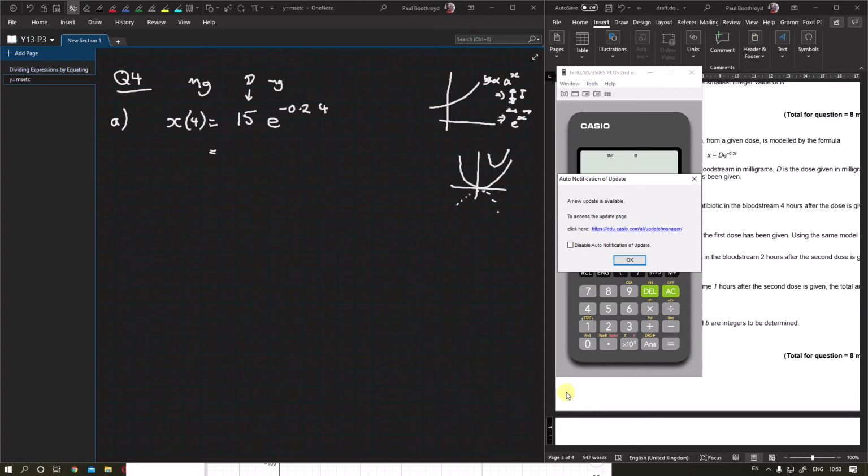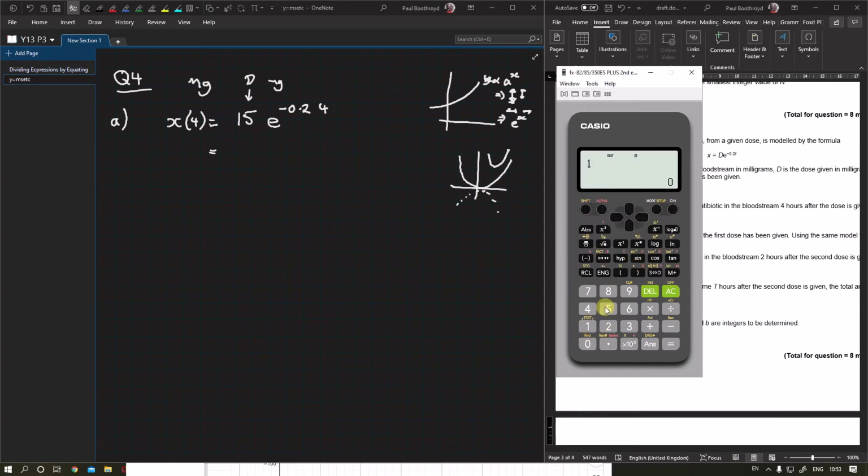So first value 15 multiplied by shift e to the power of minus 0.2, sorry. It doesn't matter in this whether you use that minus or that minus. This is a property of the numbers theoretically. And we wanted t to be 4.